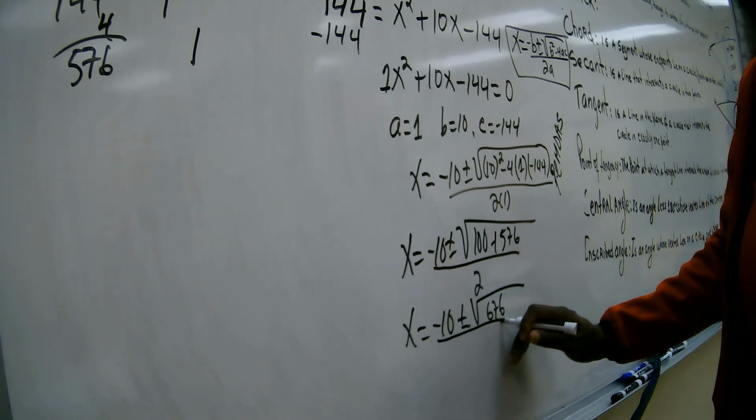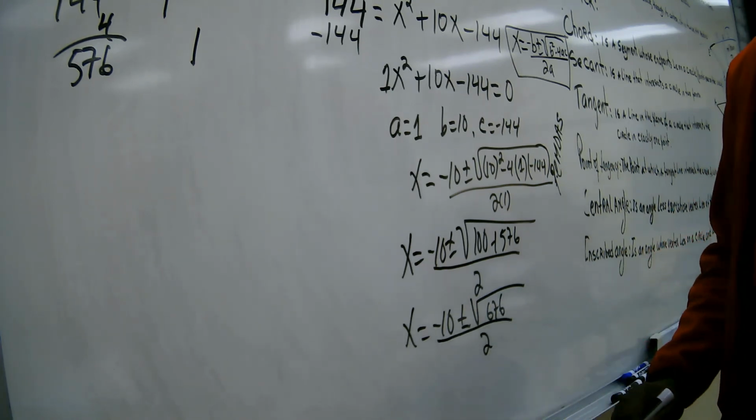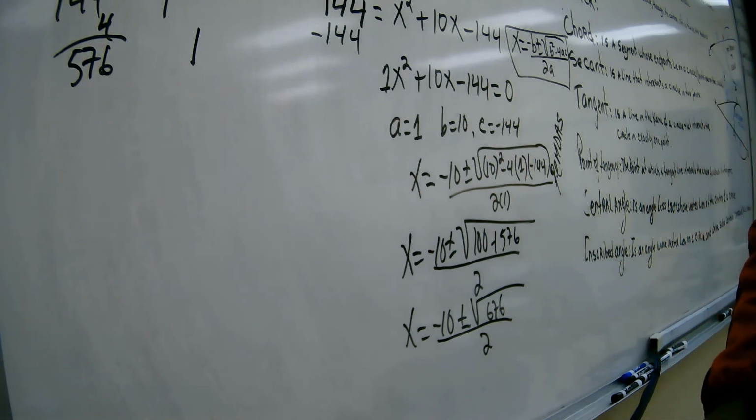The square root of 676 is 26, if I'm not mistaken.